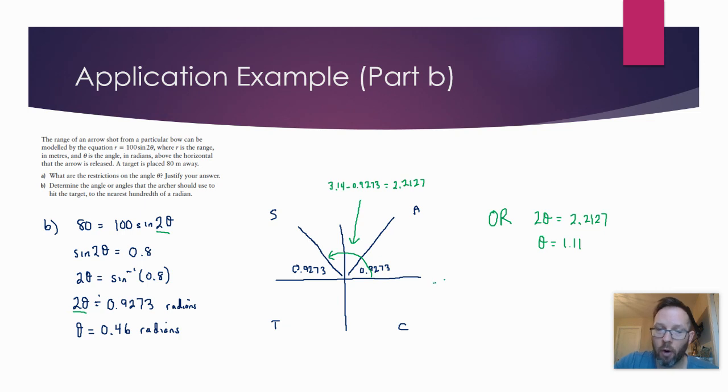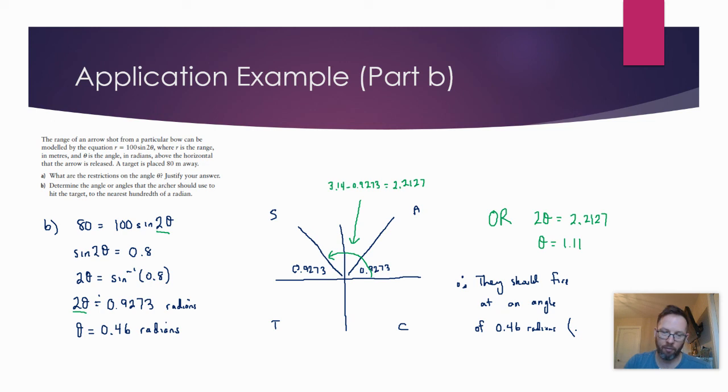And then, to help wrap our minds around the problem, let's convert these to degrees just for fun. Therefore, they should fire at an angle of 0.46 radians, and in brackets, a conversion of that to degrees.